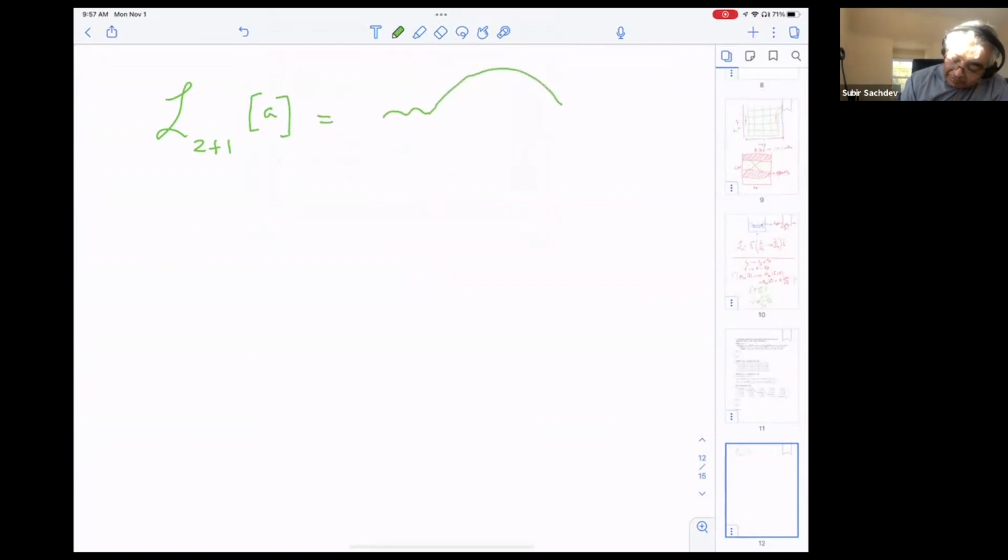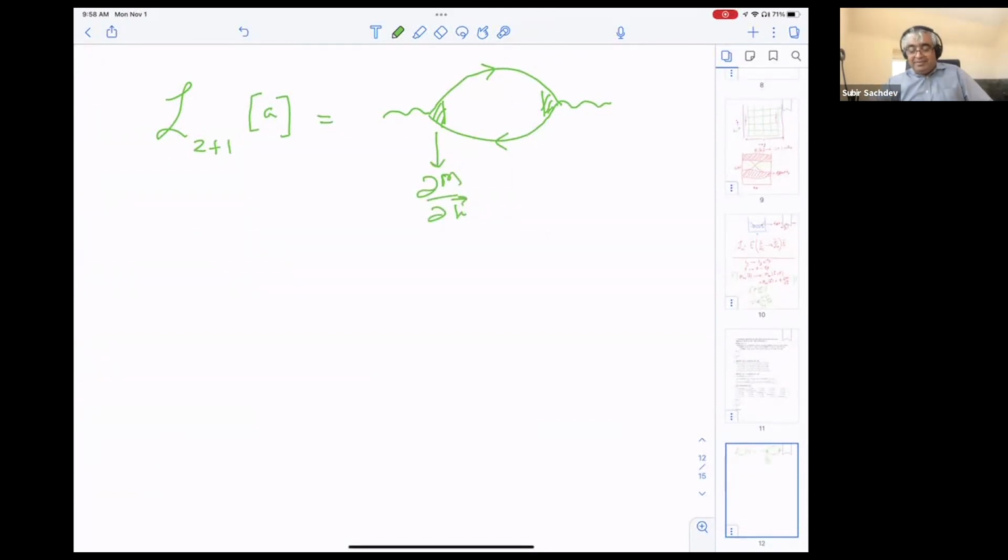I have a fermion loop, so fermion loop here, and then I have here a dm/dk.